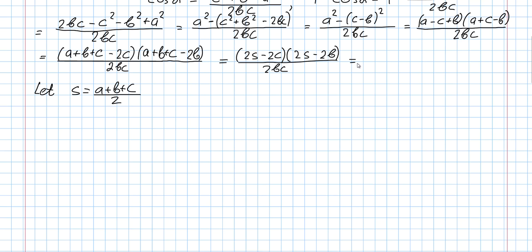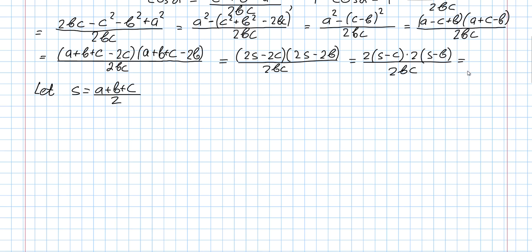So the last step here, I can factor 2 out of the parentheses twice. This gives me 2(S minus c) times 2(S minus b) over 2bc.